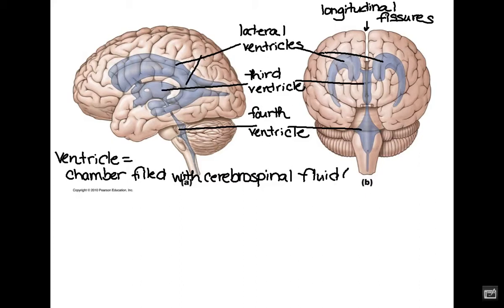And we abbreviate this CSF just because it's a long word to write. So this is the first time we've really had a chance to talk about what cerebrospinal fluid is and what it does. It surrounds and bathes the tissues of the central nervous system.